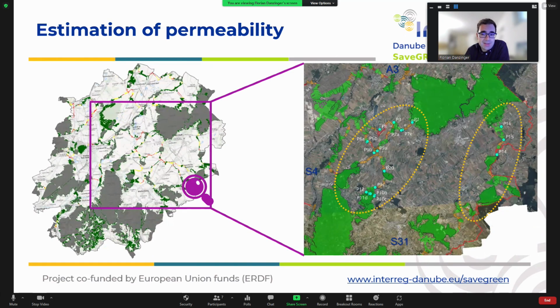This is the result on the left-hand side, and if you look at these areas in detail, we have two strands or two corridors that connect these larger woodland areas.